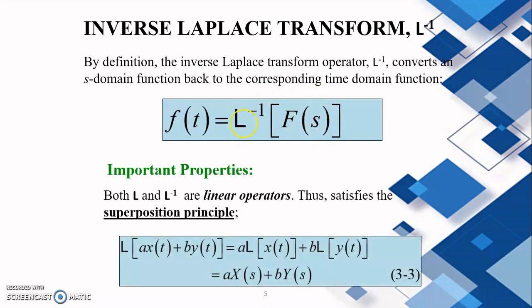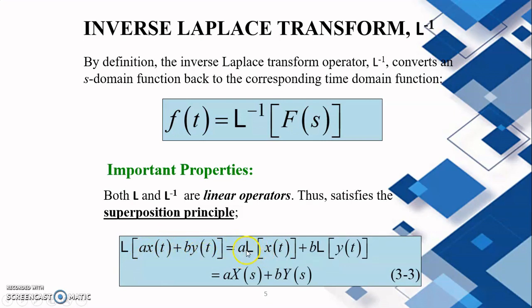There is an important property: both the Laplace and inverse Laplace are linear operators, so they satisfy the superposition principle. What is the superposition principle? For example, we have this expression a x(t) plus b y(t). Then we take the Laplace of this expression and take out the constants. In this expression, a is a constant, b is a constant.